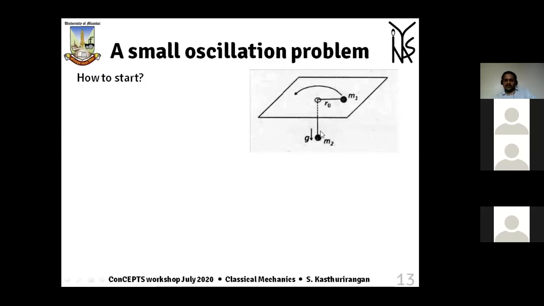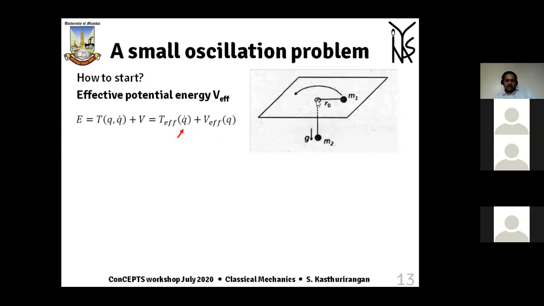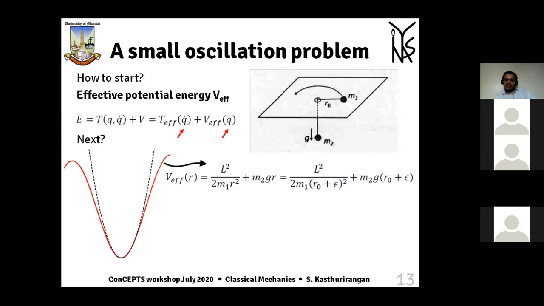The reason for the attraction is the other guy is pulling on the string, but that is incidental. What is essential to this problem is that the m1 is always constantly attracted towards this hole. So this hole is the origin. And then, okay, let us bring up the potential energy term. As the radius increases, this particular mass will shift up because the string is inextensible.